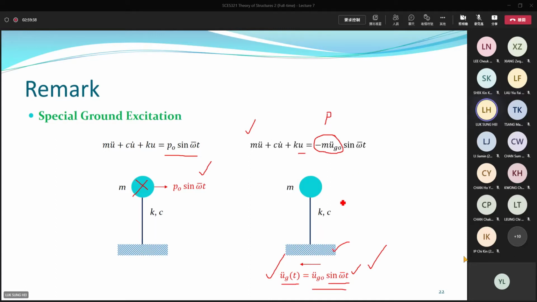Now, this is true if the function is a sine. An earthquake for sure is not a sine function. So if the ground motion is an earthquake, something like a random motion, then you need to use a more advanced technique to find out displacement. But at least for the sine function, we have some analytical solution.